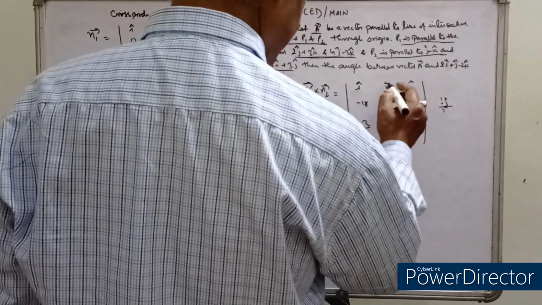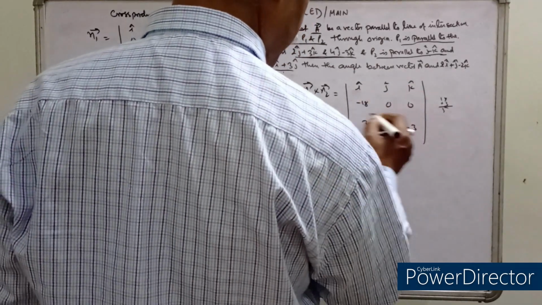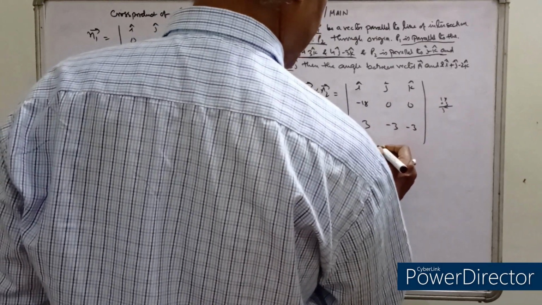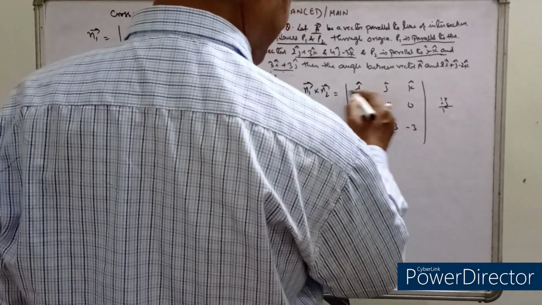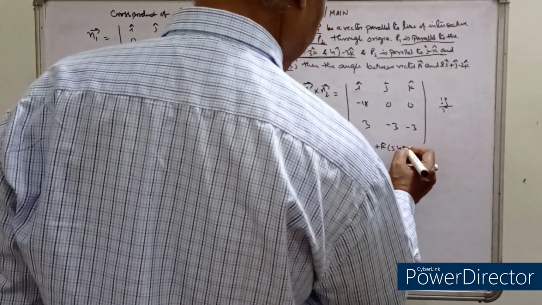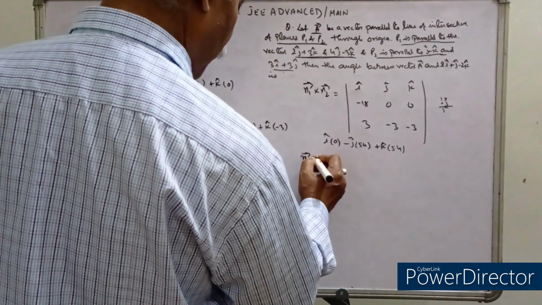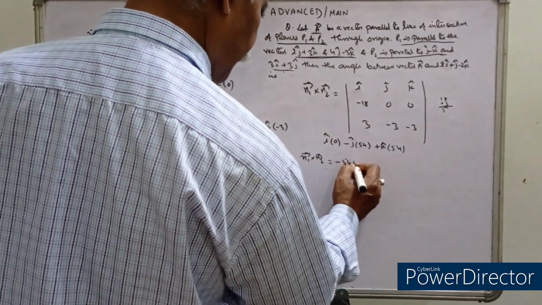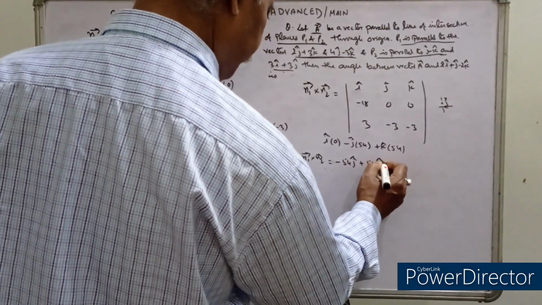This and this cancel out. This will be 54, and then plus k vector. Here this and this cancel out. This again will be 54. So here your n1 vector cross n2 vector will be minus 54 j cap and plus 54 k cap here.